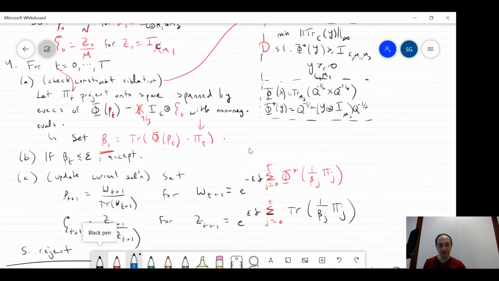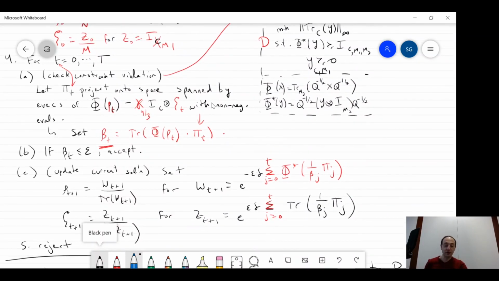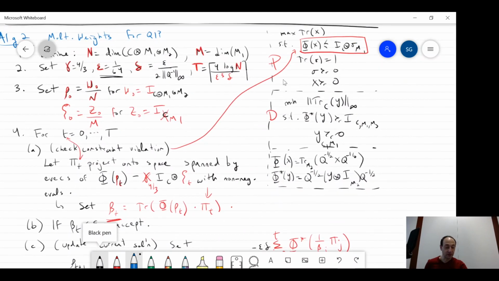What it did is it started at the beginning with rho 0 and zeta 0 as guesses for the initial joint state and the initial committed state in the first message round. They were just identity to begin with, because just like in usual multiplicative weights, we don't know any better in the beginning. And then in each round, we checked how much we violated this one constraint of the primal SDP, and used that violation to guide how we updated our next choice of operator, our next guess. And that was essentially down here.